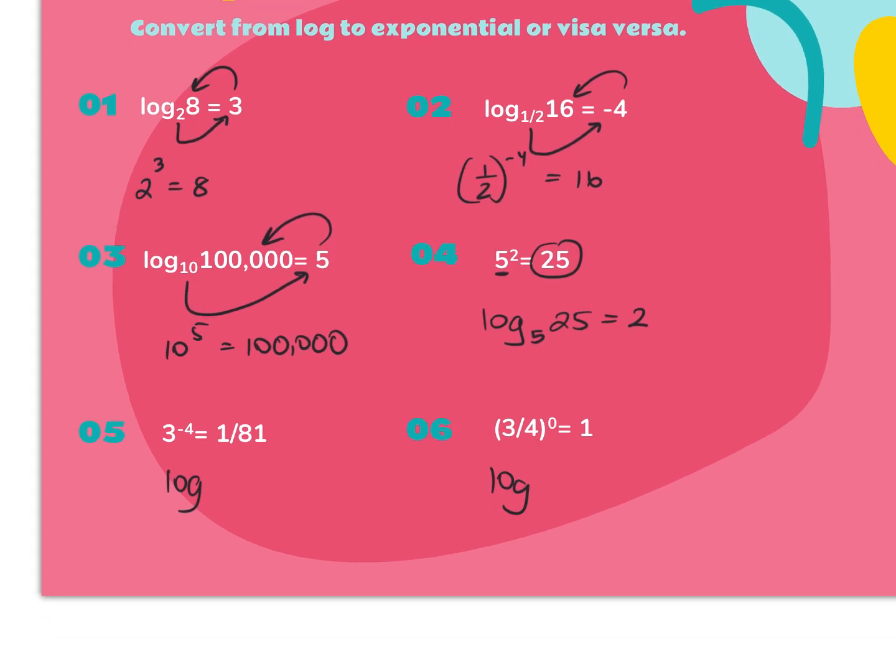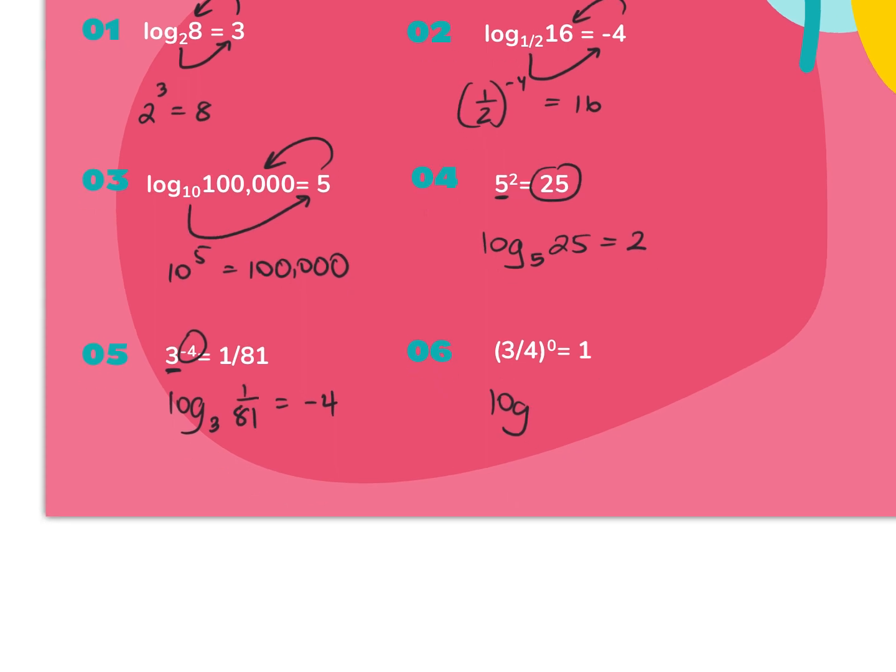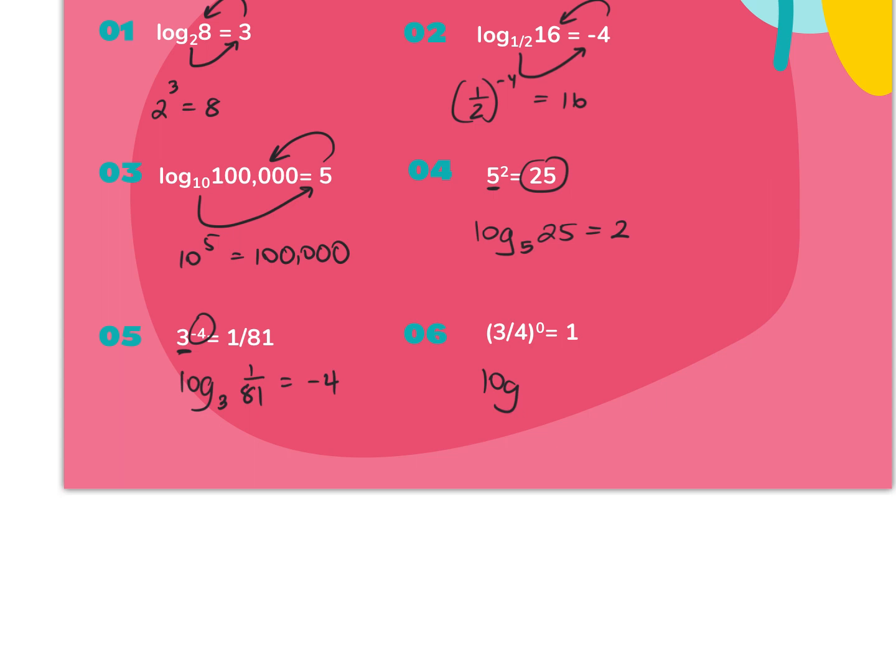Okay, so again, I come to the next one. I know that my base becomes the subscript there. My solution on this other side goes here, and my exponent goes on the opposite. So in a log, what you're in essence doing is solving for the exponent, oftentimes. And again, 3 to the negative 4 power is 1 over 81.